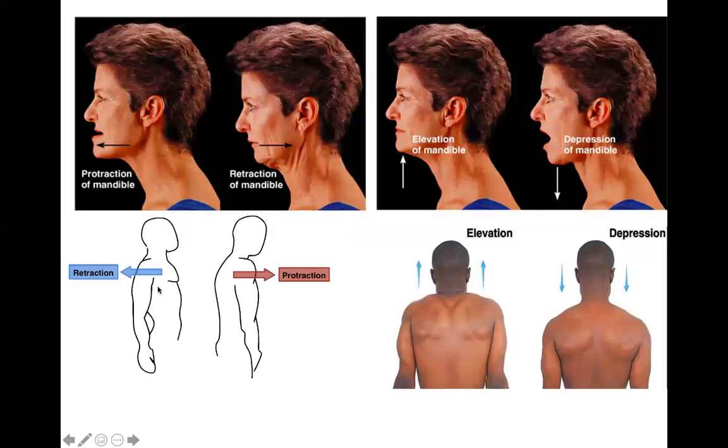When you relax and stretch your chest muscle, what you're doing is retracting your shoulder, or your scapula. And when you're slouching, what you're doing is protracting your scapula and your shoulder. And here is another depiction of protraction versus retraction. You protract your mandible, moving your jaw outward, versus retracting it, where you move your jaw inward.